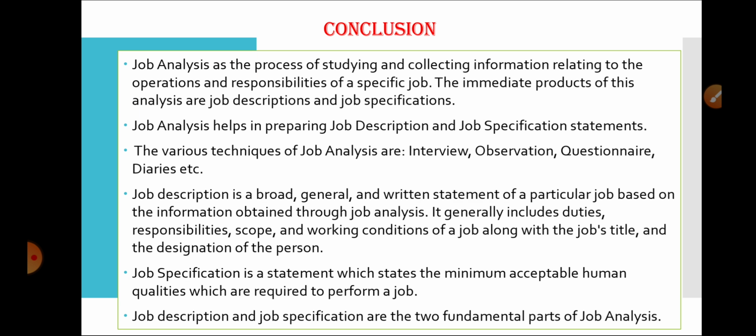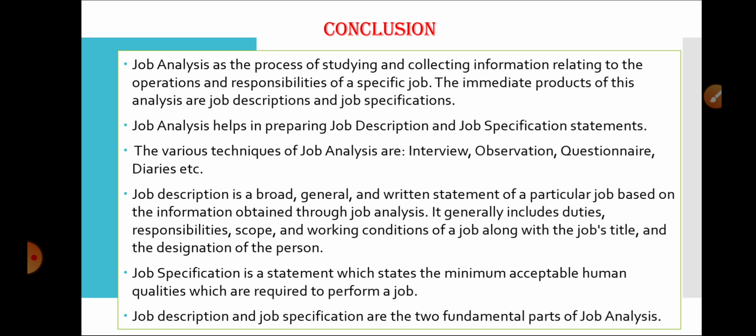So at last we have come to the conclusion of job analysis. Job analysis is a process of studying and collecting information relating to the operations and responsibilities of a specific job. In job analysis, we have studied and collected the information necessary for a specific job, and we have prepared job description and job specification statements also.